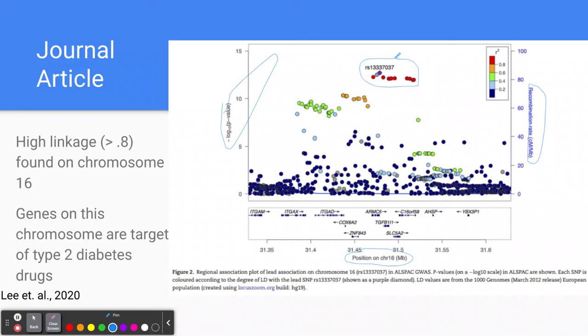This was really the lead SNPs and those associated with them on chromosome 16. You'll notice that they're mostly in a darker red, and that corresponds to R squared, which measures really high rates of linkage. So very connected data up in there. And again, that was our key or lead SNP for this journal article.